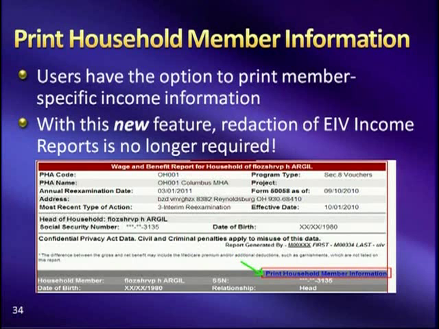The other thing I want to point out to you, a lot of you are concerned about the pagination with the EIV reports, which is something that we have been trying to address for quite some time now. But if you notice on an EIV report, there's 5 household members and only 1 has income information, don't worry about printing that whole income report, which is probably going to span across 7 pages.